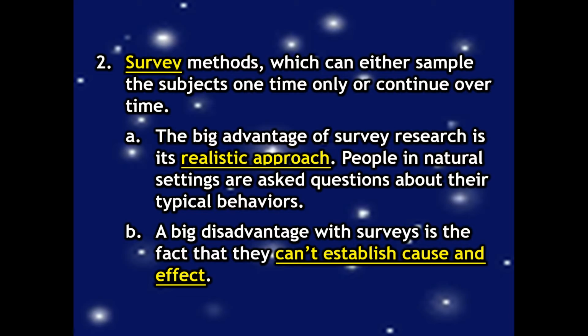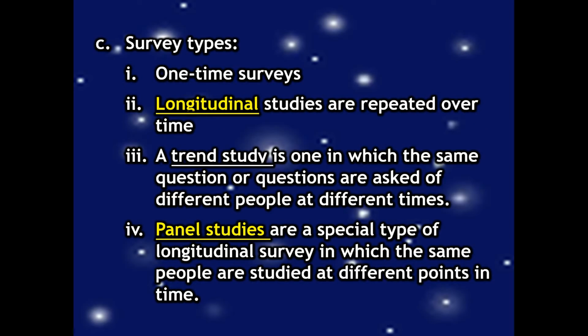You're basing it totally on the word of the person that you're asking the questions to. So what different types of surveys can be done? Well, there are one-time surveys, kind of like that person-on-the-street sort of thing, where you picture somebody with a clipboard on the corner downtown or in the mall, basically asking questions of people. That's just a one-shot, instant sort of thing.